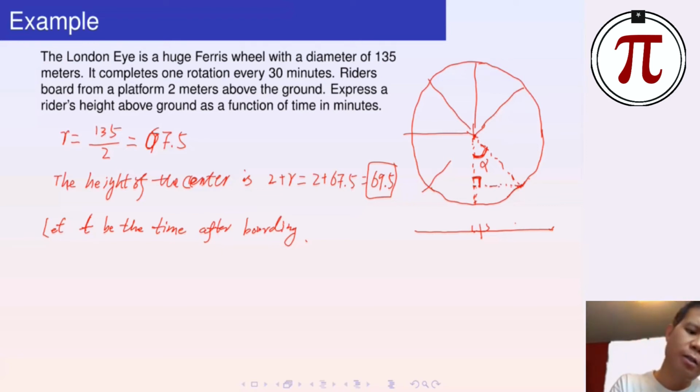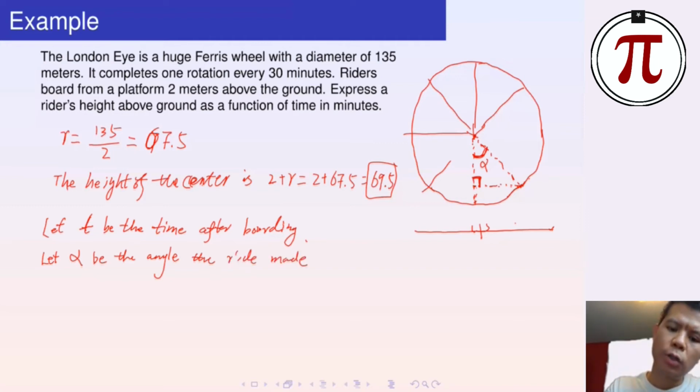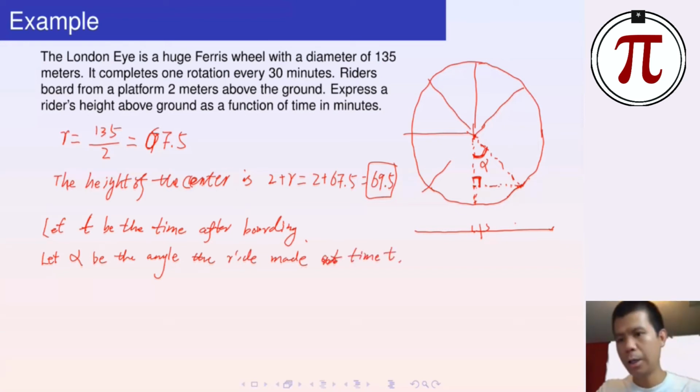Now, let alpha be the angle the rider made at time t. Yes, at time t.